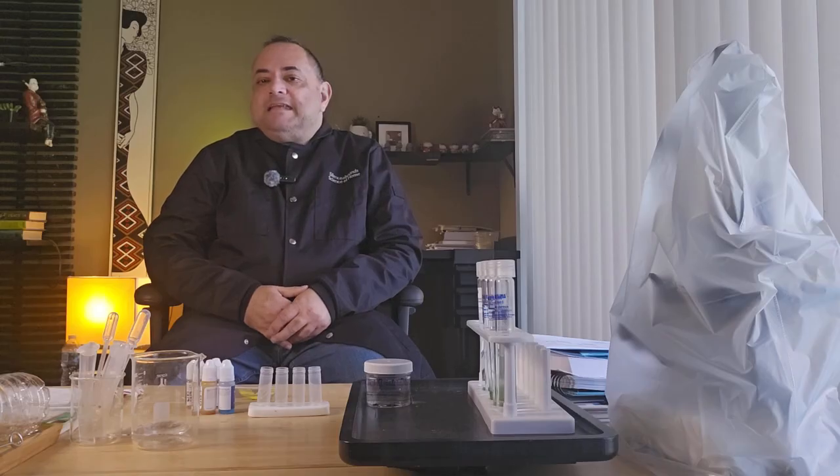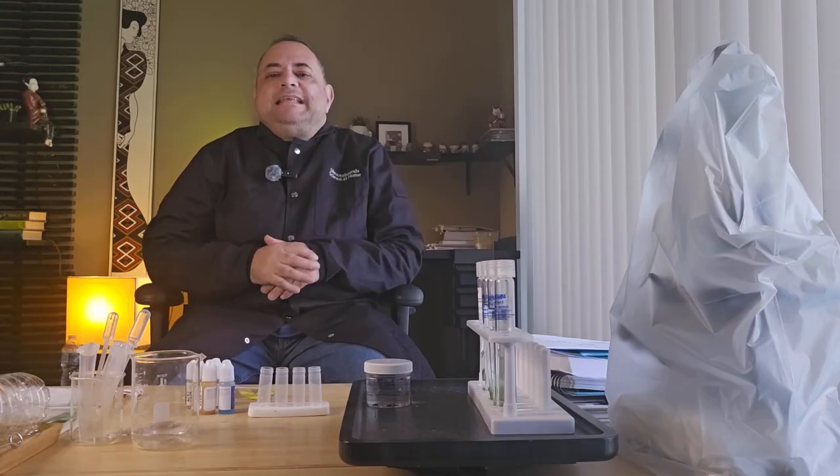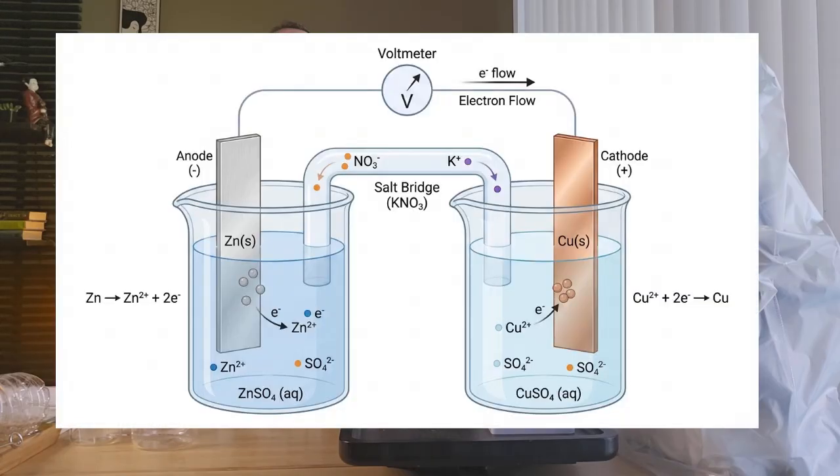It was invented by John Frederic Daniell in 1836 and is a foundational concept in electrochemistry. A galvanic cell is made up of two half cells connected by a salt bridge. In the Daniell cell, zinc acts as the anode where oxidation occurs, and copper acts as the cathode where reduction occurs.